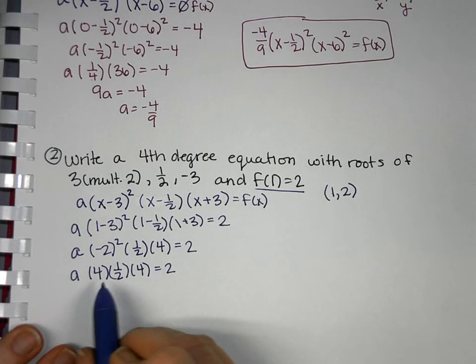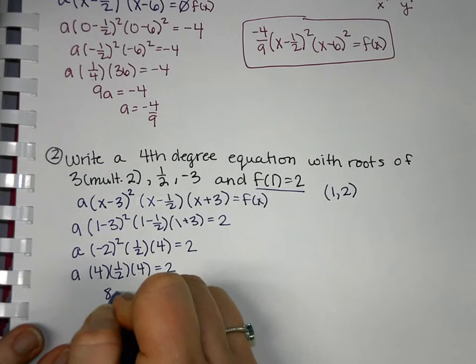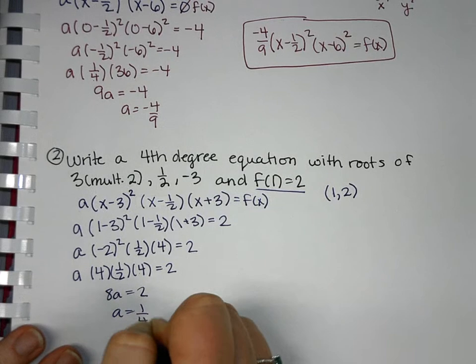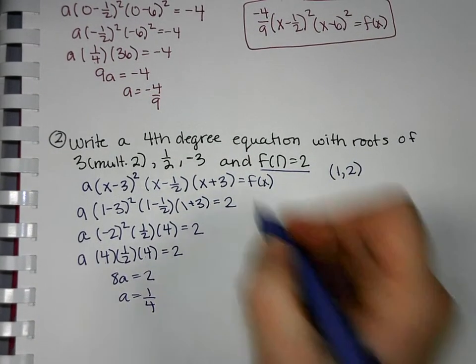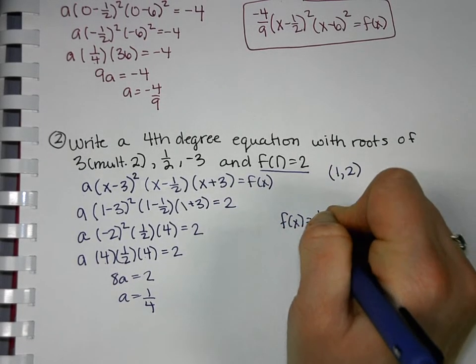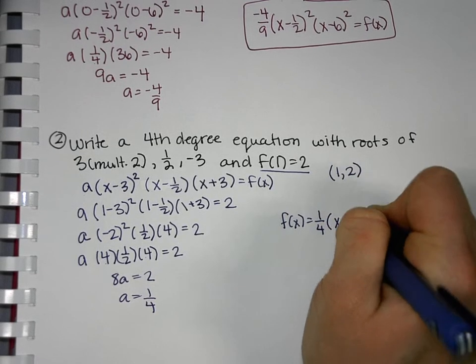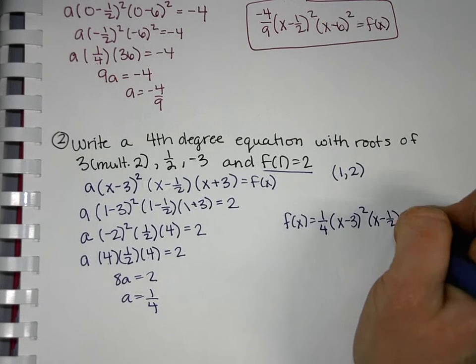So if I multiply 4 times 4, that's 16. 16 times 1/2 is 8. So a will equal 1 over 4. So my a is going to be 1 over 4. So then I can come to my equation. f of x will equal my a, 1/4, times x minus 3 squared times x minus 1/2 times x plus 3.